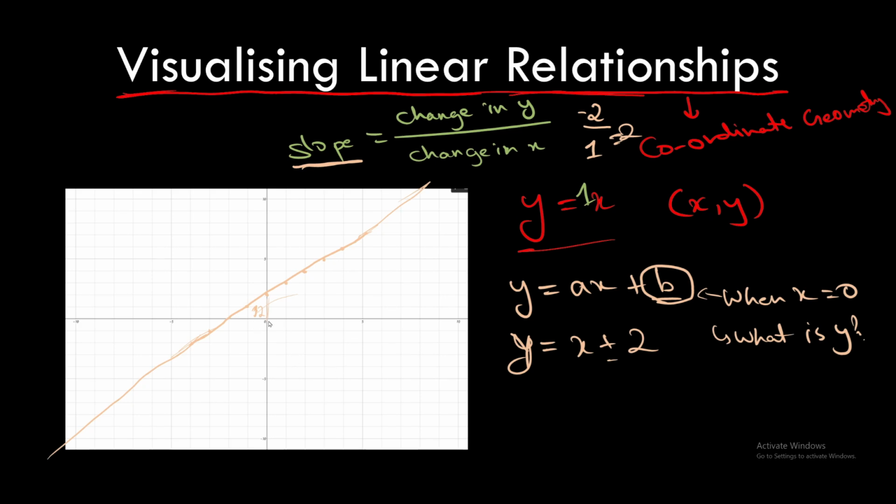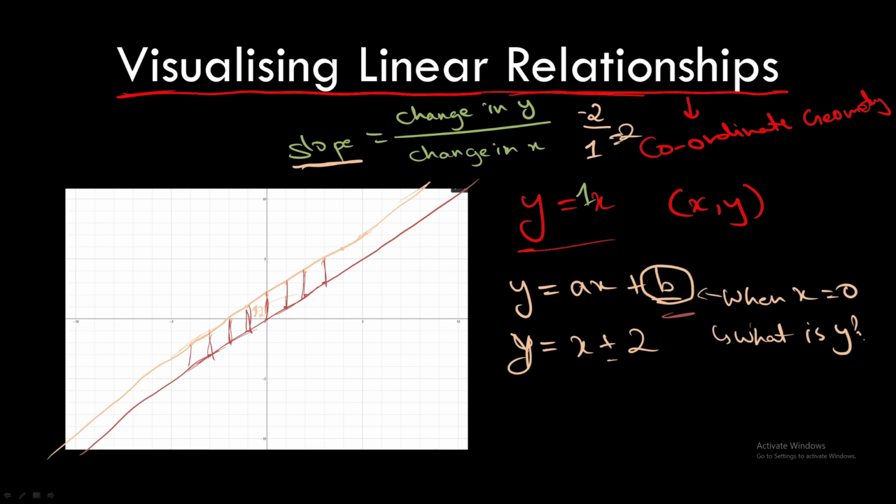So this is what it is going to look like. x is equal to y: 1 1, 2 2, 3 3, minus 1 minus 1, minus 2 minus 2, minus 3 minus 3. So we can form another graph, and we can see on almost every point there is a distance of 2 units in the y-axis, and that is because we added 2.